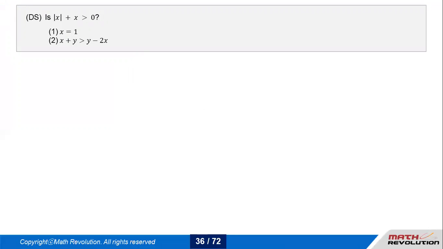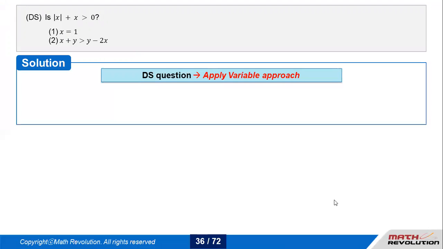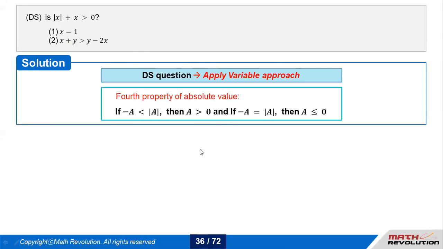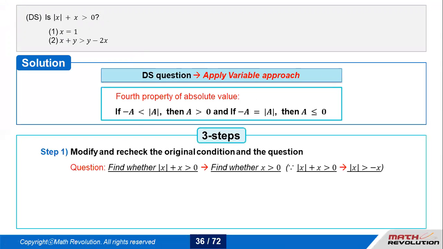This DS question says, is modulus of x plus x greater than 0? And then I have two equations attached to it. So if modulus of x plus x is greater than 0, that means my modulus of x has to be greater than minus x.